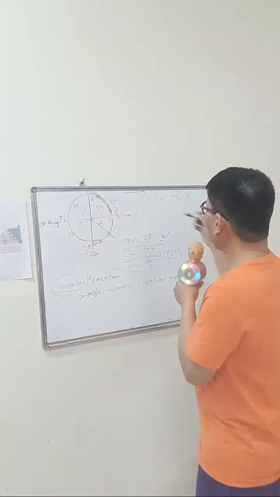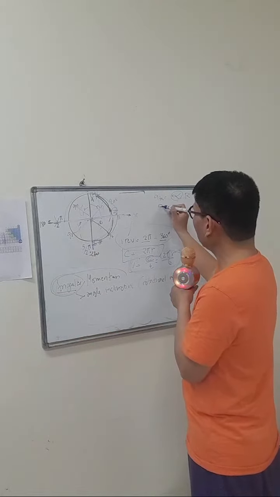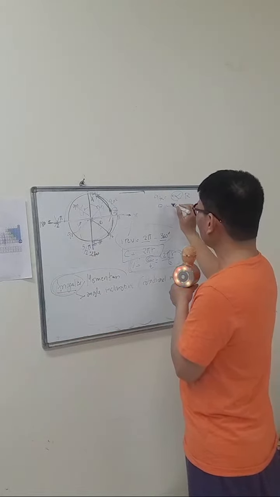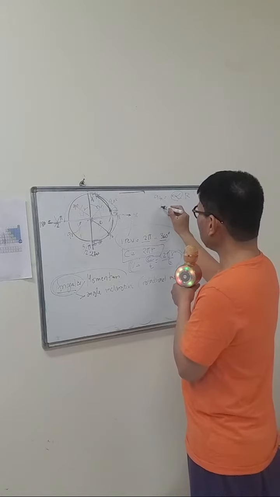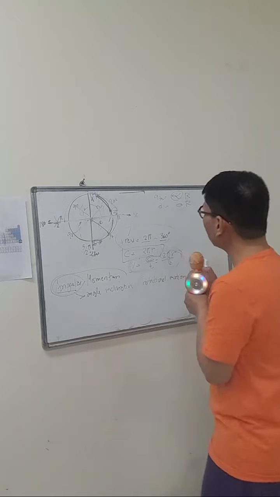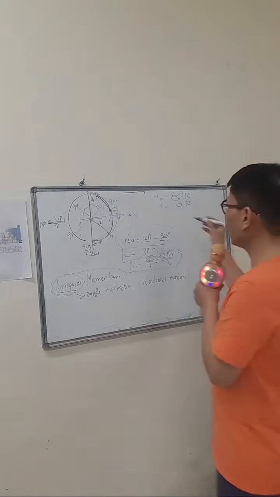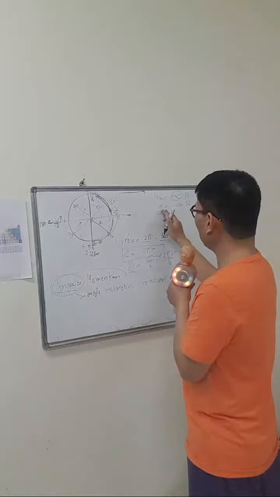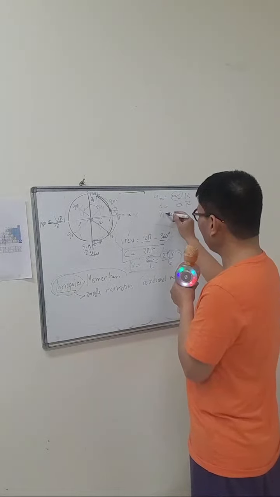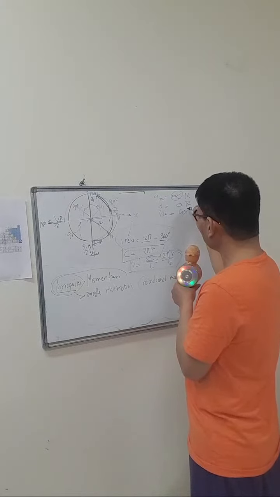And then if you say tangential displacement, theta is equal to that, right? So it's going to be D is equal to theta times R. So, tangential velocity, V tan, is equal to angular velocity times the R.